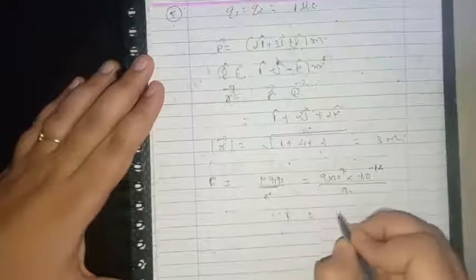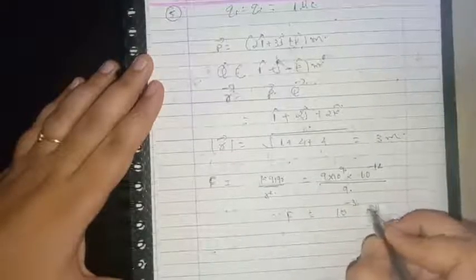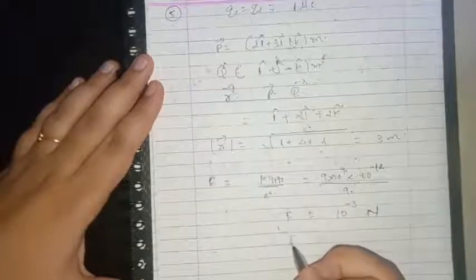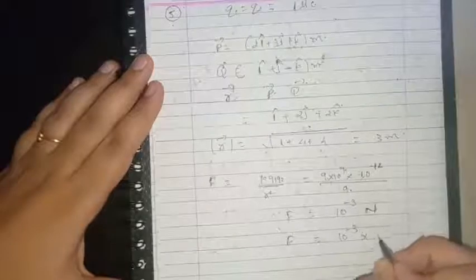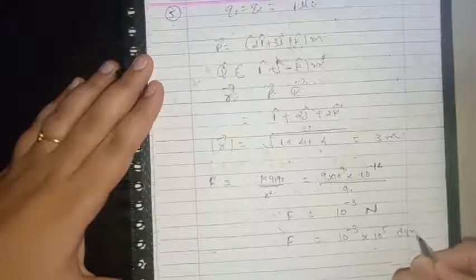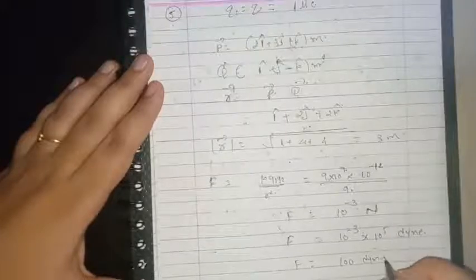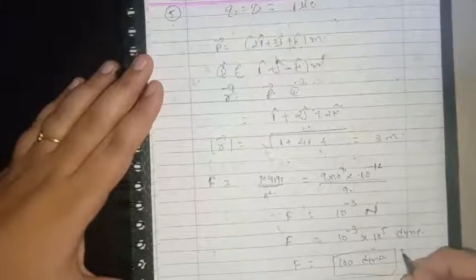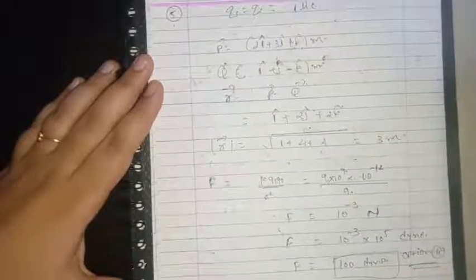So force will be 10 power minus 3 Newton. If we convert this into dyne, we can write 10 power minus 3 into 10 power 5 dyne. So force will be 100 dyne. So option 4 is the correct option.